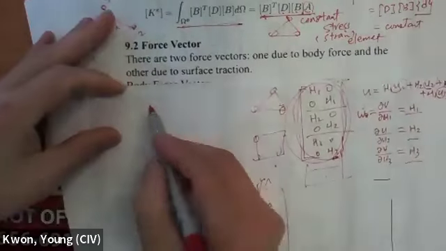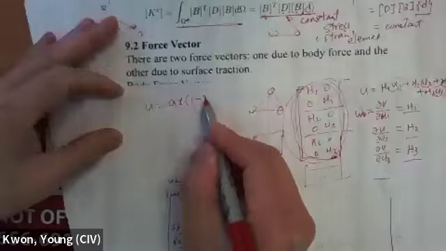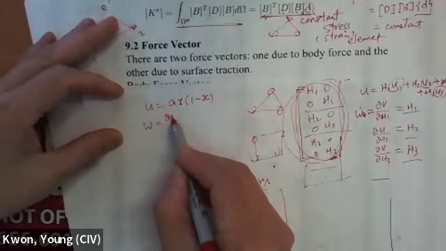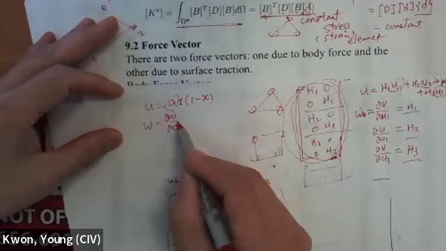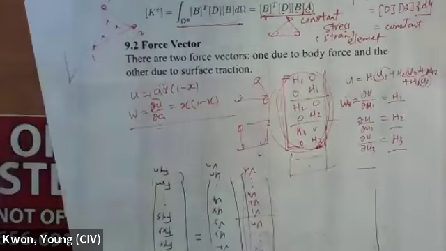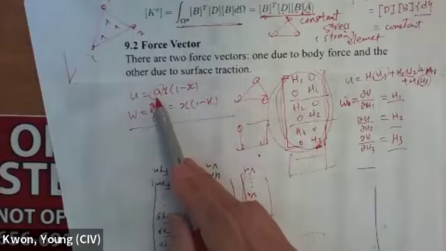In chapter 2, we start with that one. U is going to be A, for example, x(1 minus x). Then W is going to be dU, dA is a constant to be determined, so x(1 minus x). That's what we did in chapter 2, right? So this A is the generalized coefficient.